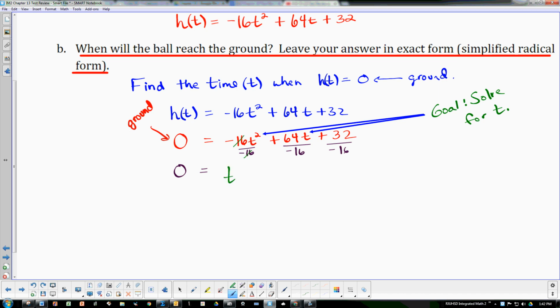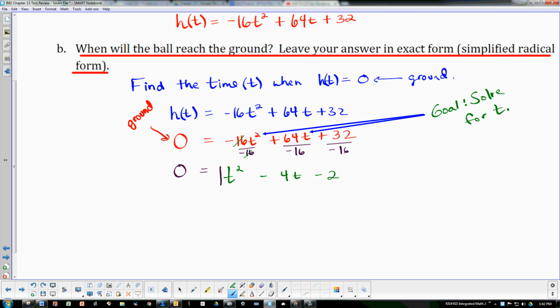So this is going to be t squared plus, and then right here, that's going to be 4, but a negative 4, right? Let's just make this all negative 4t. And then finally, 32 divided by negative 16, that's minus 2. Okay, so you can kind of see now that this entire thing looks to me like our leading coefficient is 1.